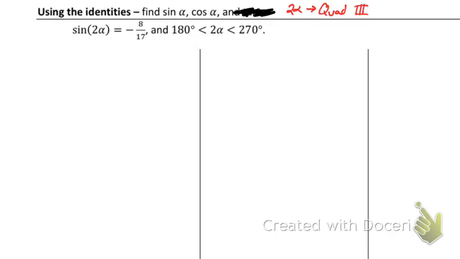So this will give me my alpha. If I rewrite this, it's 90 degrees is less than alpha is less than 135 degrees. That tells me that alpha is in quadrant 2.